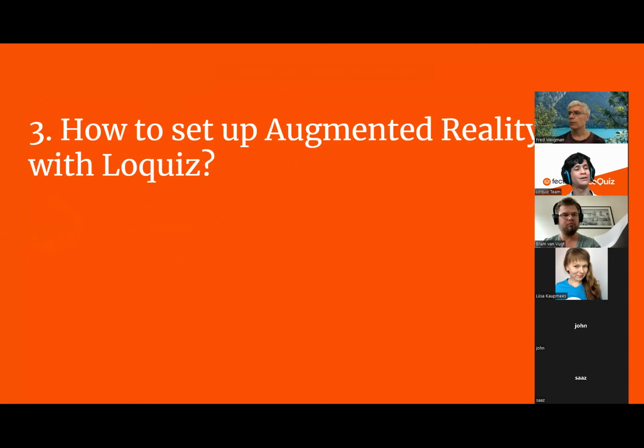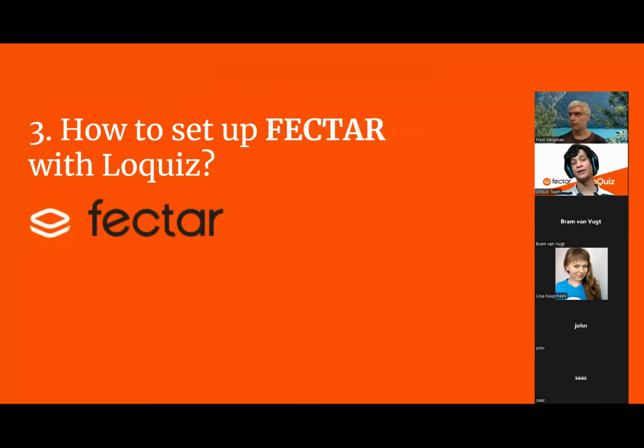Now, how do we set up the augmented reality with Loquiz? So how do we link Fectar and Loquiz? The other question is how to set up Fectar with Loquiz, because now we chose Fectar as the augmented reality provider.